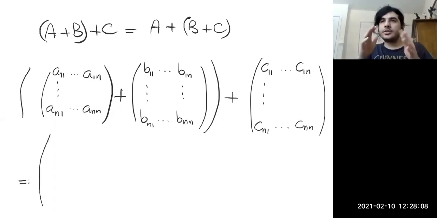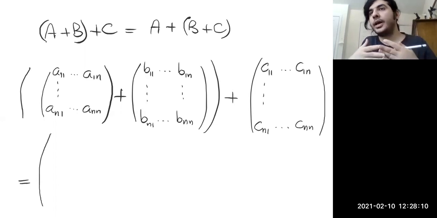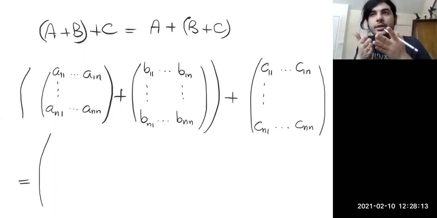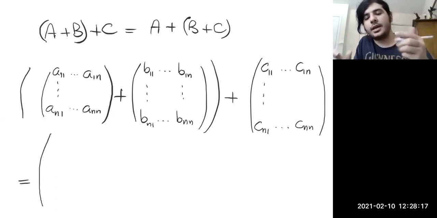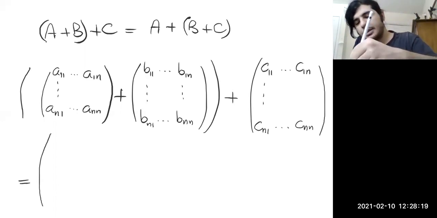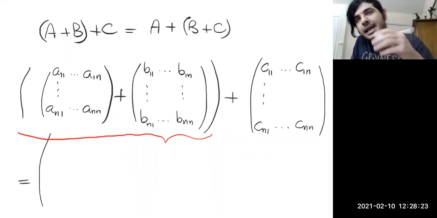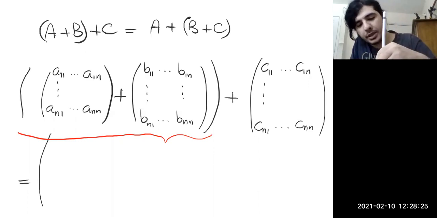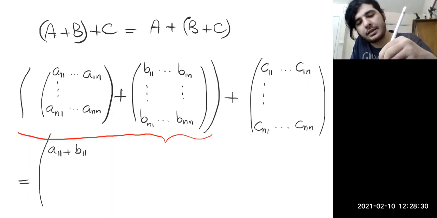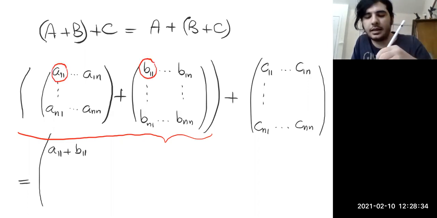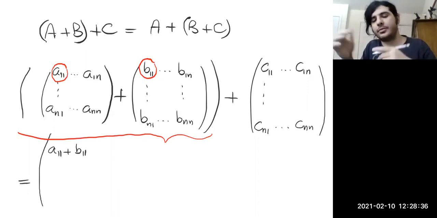Now, just by the definition we had for matrices, the sum of two matrices is going to be component-wise sum. So if I compute the sum of these two matrices here, the first element in the first row would be A11 plus B11. So first we would add the first element in the first row to the first element in the first row of the second matrix.